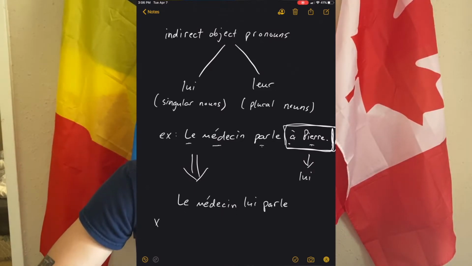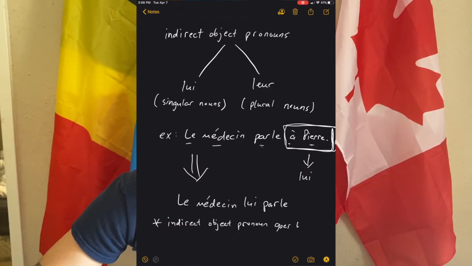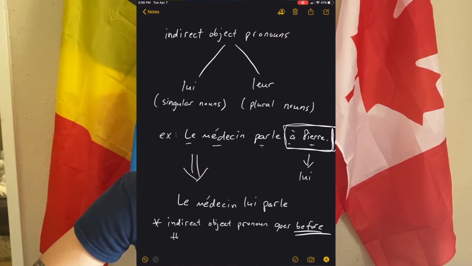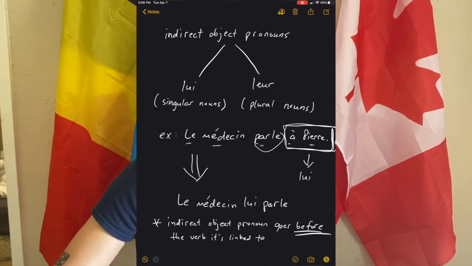So in there, I want you to note that the indirect object pronoun goes before the verb it's linked to. And obviously the verb that we're talking about in this sentence, just like we identified before, is parle. Talks.